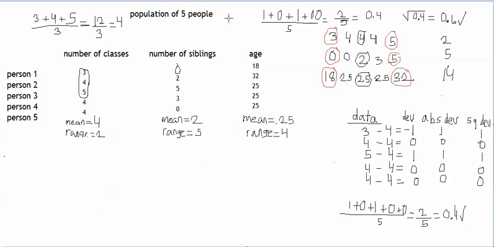I just have to free up some space. We could create something called a histogram, which is a certain type of graph. We put the possible values down here, the values that were in our data set.